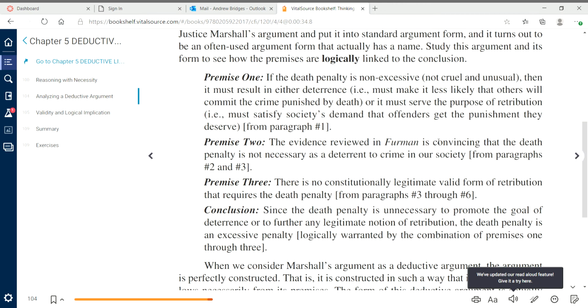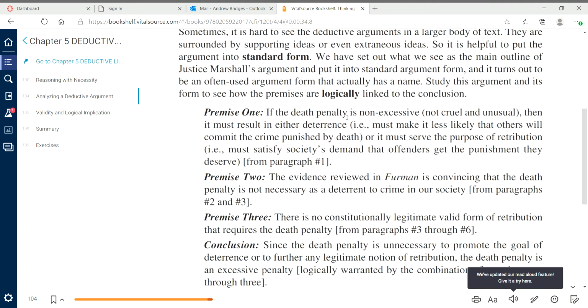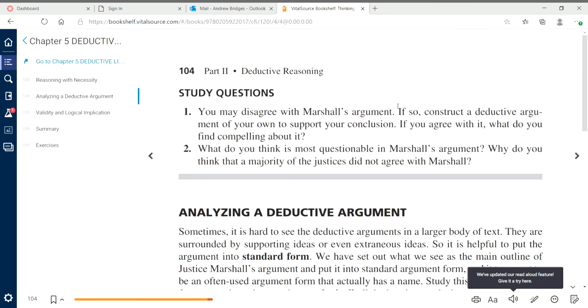So this is essentially the assessment of his argument. After you read the argument that he makes in the pages prior to this, assess it, pull out the argument from the paragraphs, and then see if you agree or disagree. And you can do that by answering questions 1 or 2.